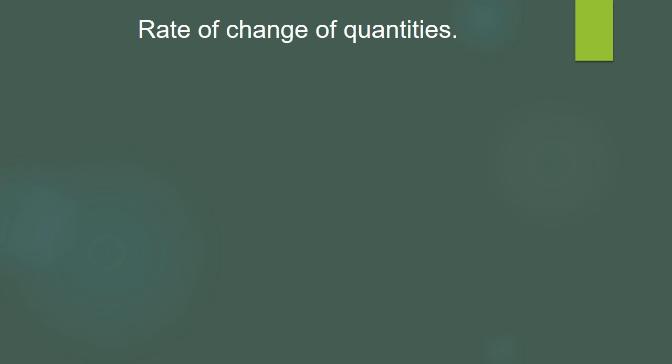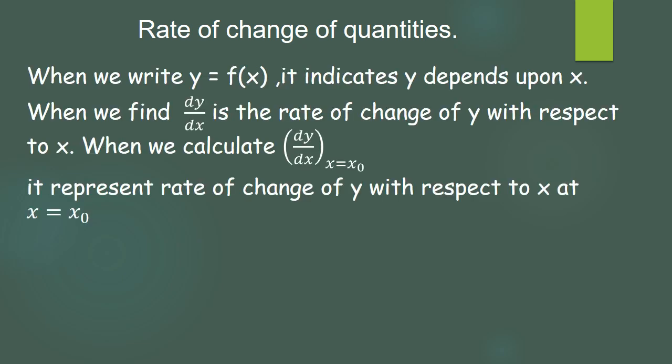That is, as the value of one variable changes, there will be a change in another variable, because we always write that y is equal to f of x. It indicates that y depends upon x. So as there is a change in the value of x, there will be a change in the value of y.